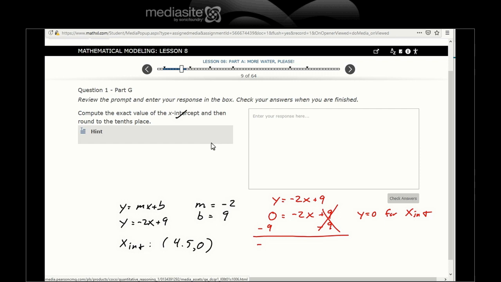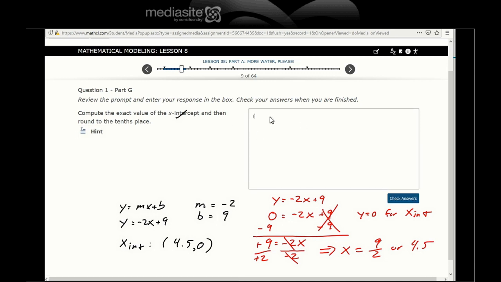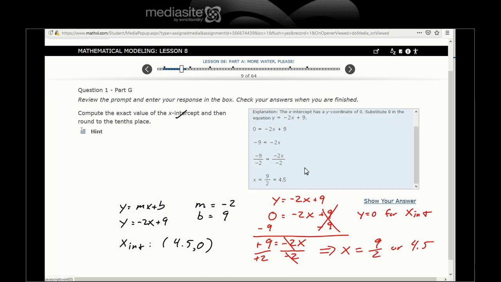These guys cancel. Then we divide -2 by -2. So it looks like x is 9/2, or 4.5. Check answer. Yep, 4.5.